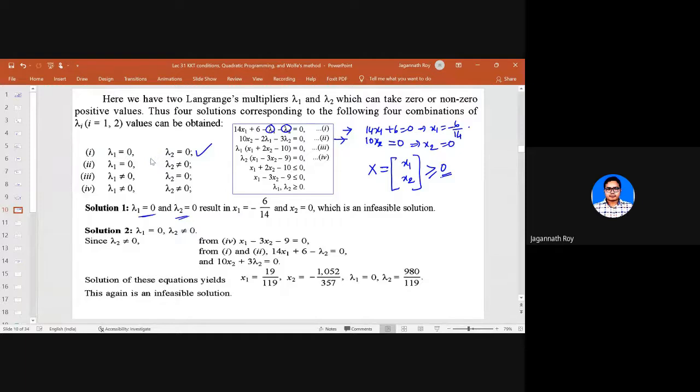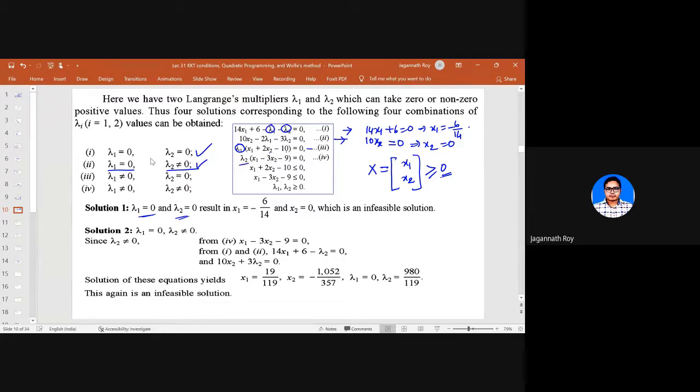Okay. Now what about the second case? If we have the second case that lambda 1 is 0, lambda 2 non-zero. So in that case, if this is 0, so it becomes 0, and then this becomes non-zero.